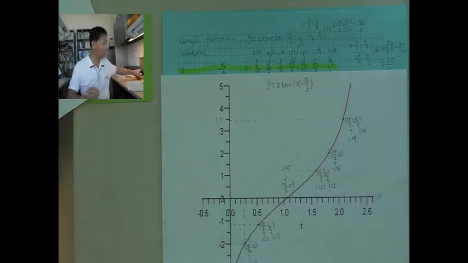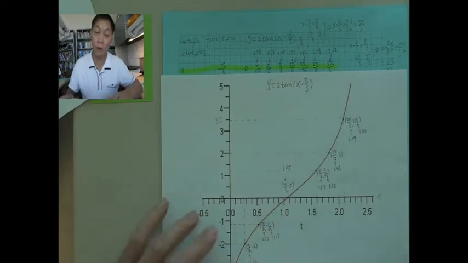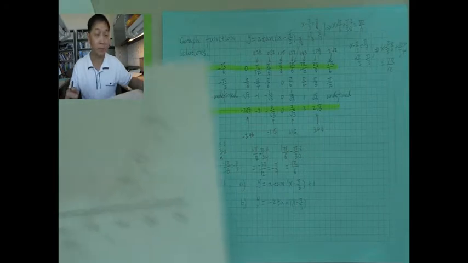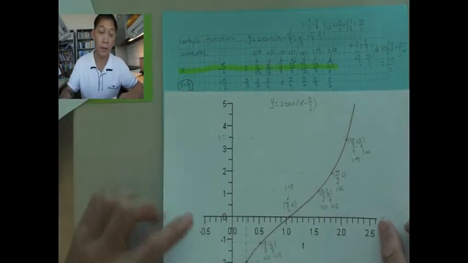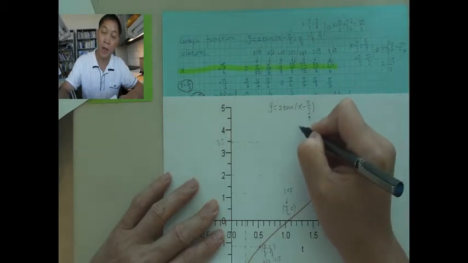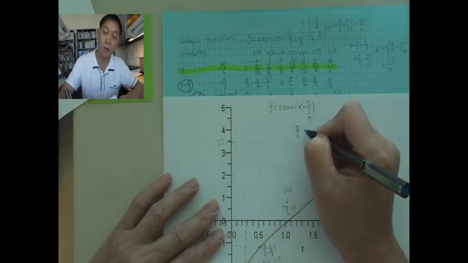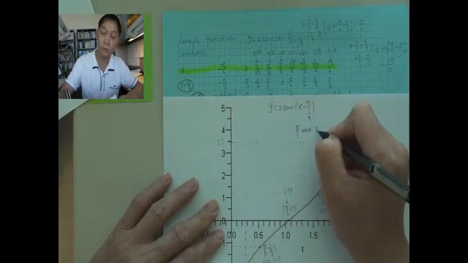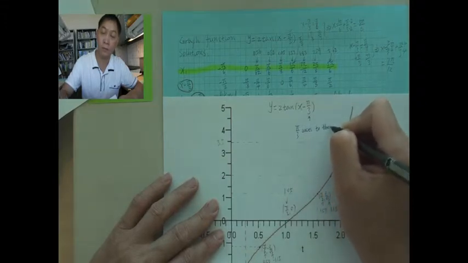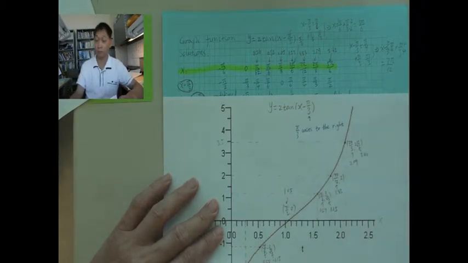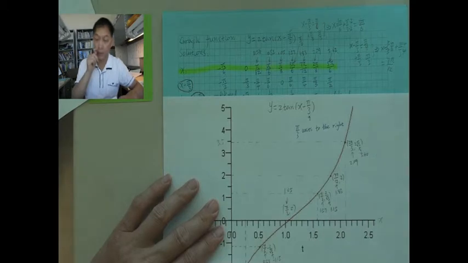Yeah. You may write that. So where should I write? Probably I may write on this graph. Here is pi over 3 units to the right. Shifting is like this. Okay?